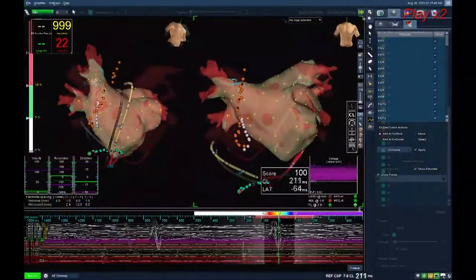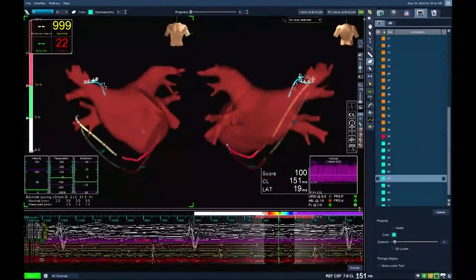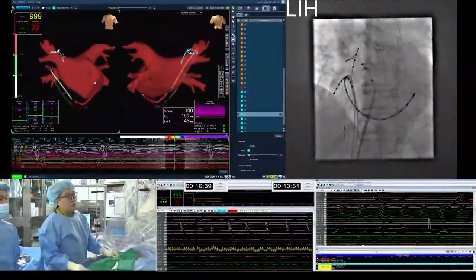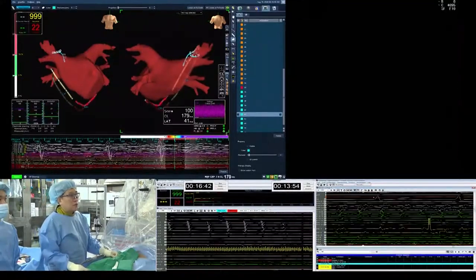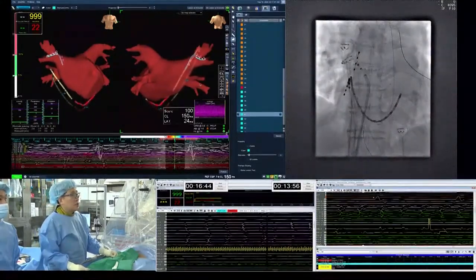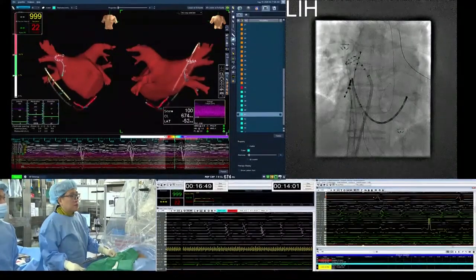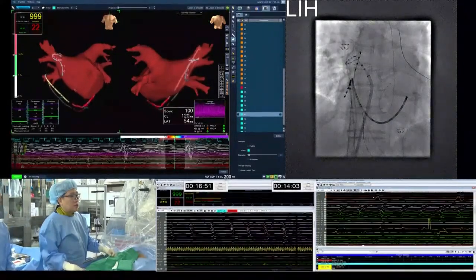Before starting the PV isolation procedure, I would like to recommend exchanging your catheter with the ring catheter or the HD grid catheter and checking the location of the PV antrum one by one.